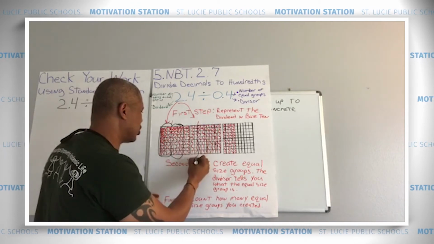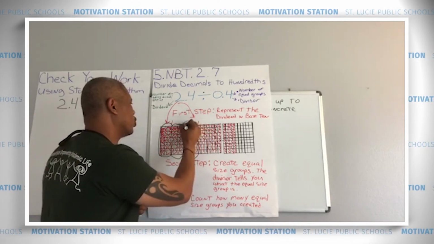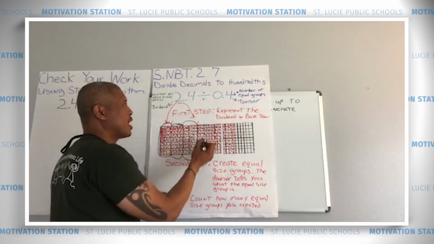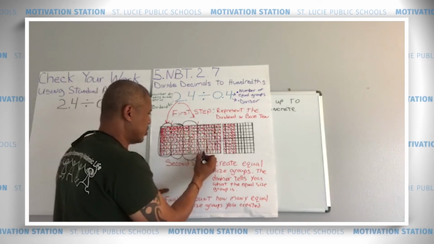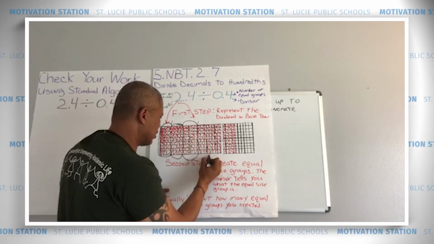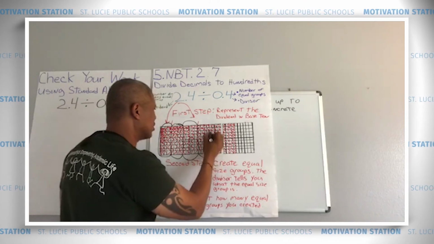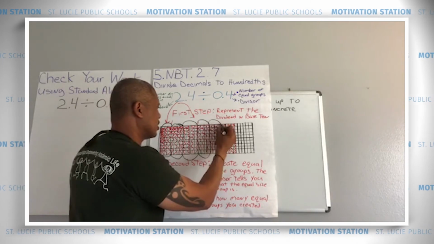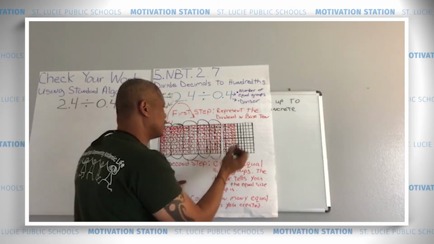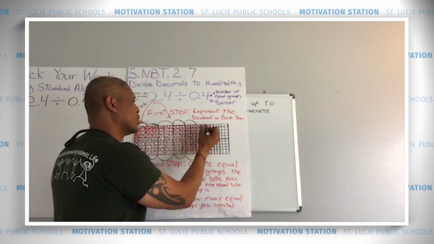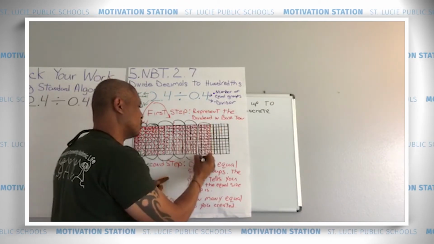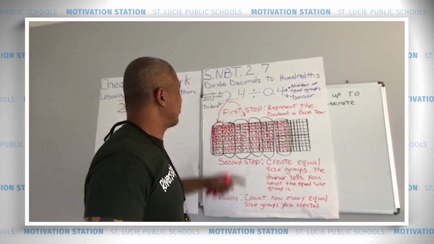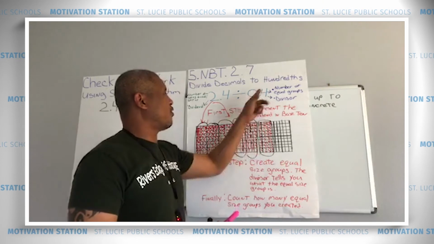Remember, I need to create 4/10 equal groups, and it's telling me how many groups to create. 1/10, 2/10, 3/10, 4/10. Now I have finished creating my equal groups of 4/10.